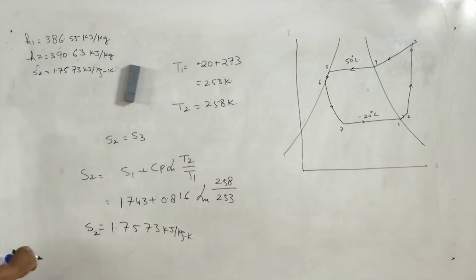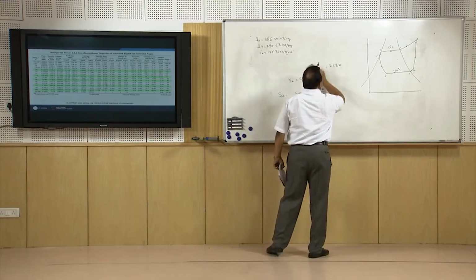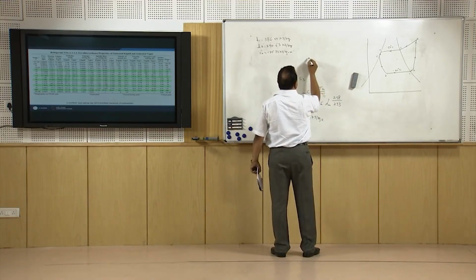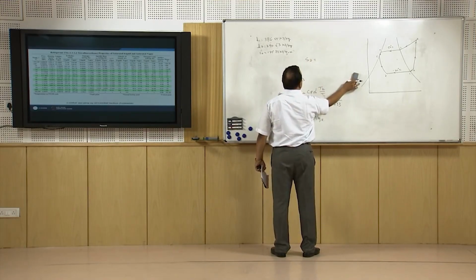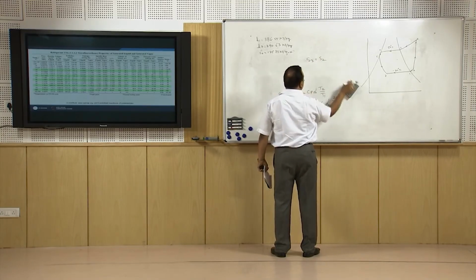Now, entropy at state 2 is equal to entropy at state 3. So, S3 is equal to S2.